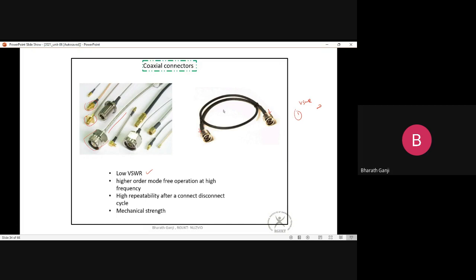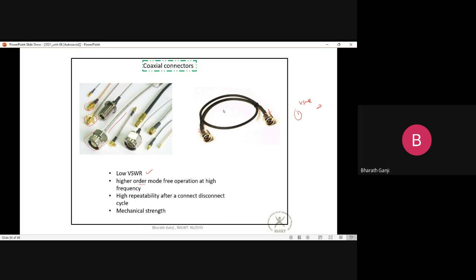And the other thing is the higher order modes must be suppressed. Whenever you're trying to join two coaxial lines, because of the change, because of these reflections, higher order modes can be generated at that junction.